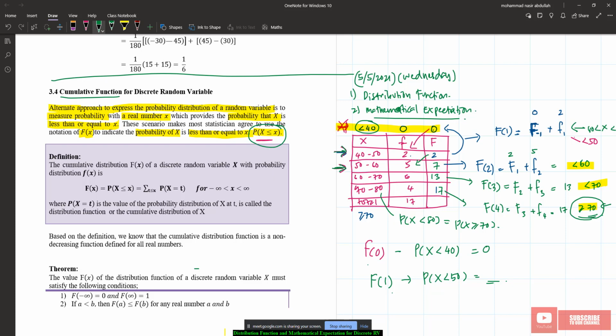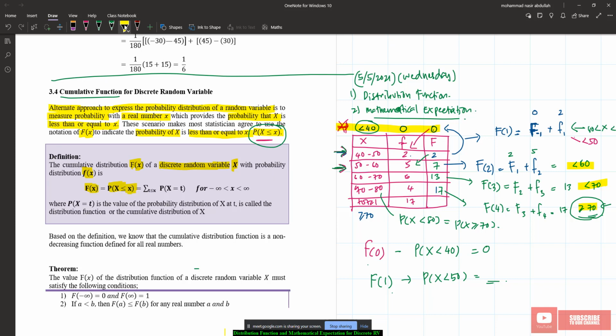So I hope you understand the concept. This is a very basic concept, right? So now, look at the definition. So the cumulative distribution, capital Fx, of a discrete random variable X with a probability distribution f(x) is equal to the cumulative frequency, which is equal to probability of X less than or equal to x.